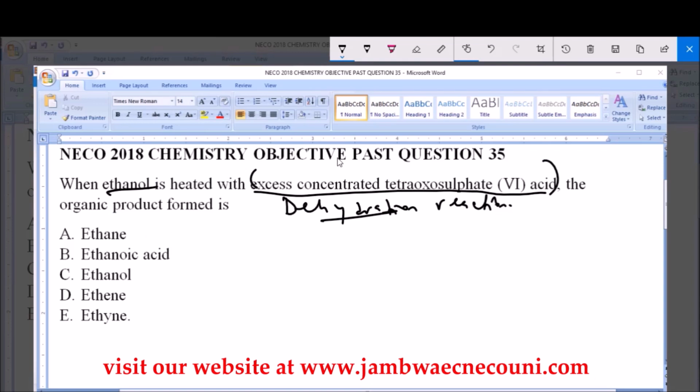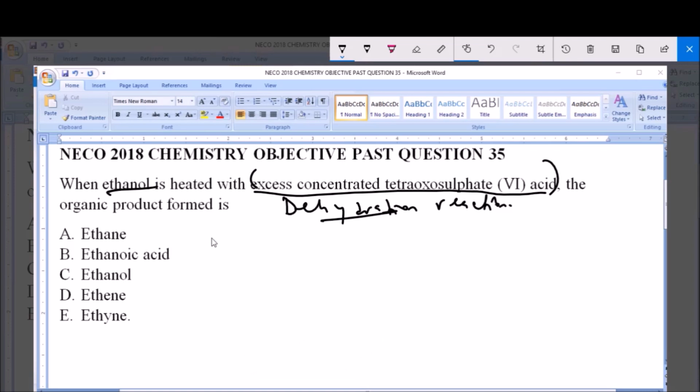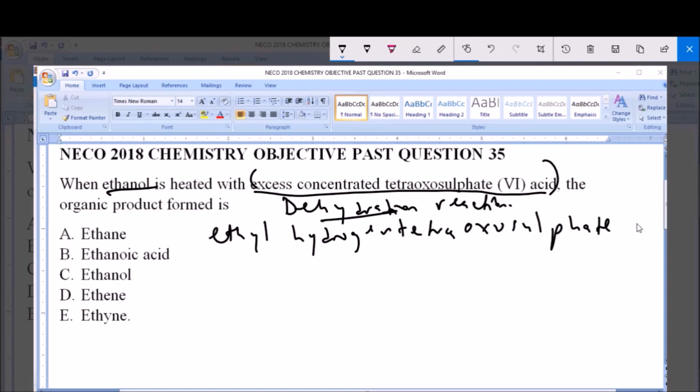When this happens, the reaction first yields a product known as ethyl hydrogen tetraoxosulfate 6, given by the formula C2H5HSO4.